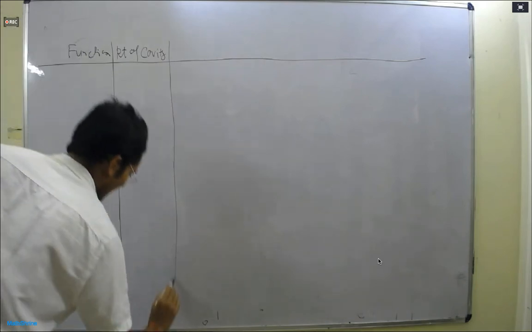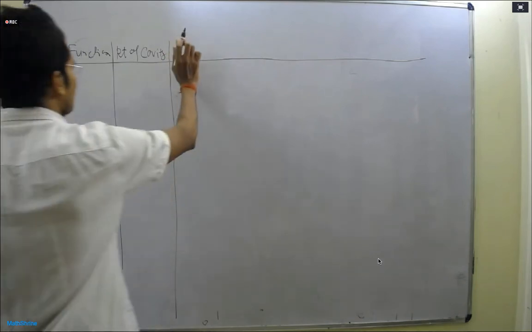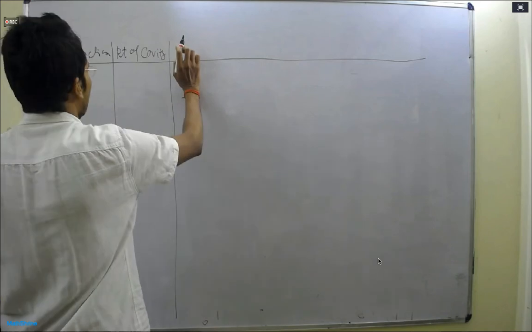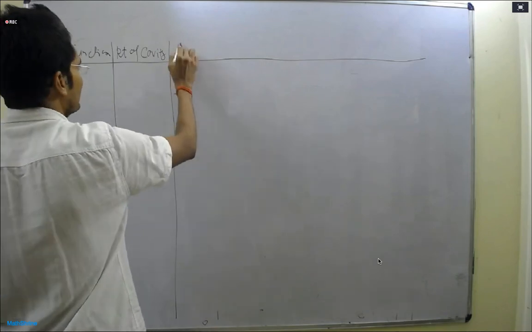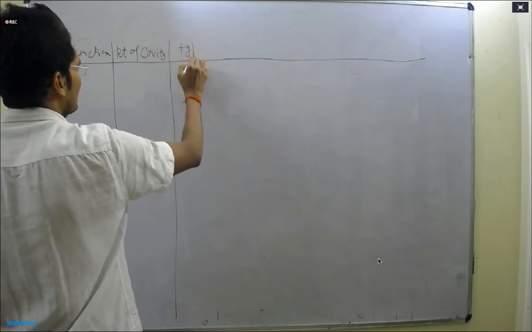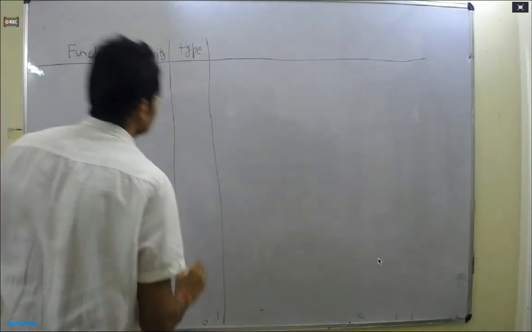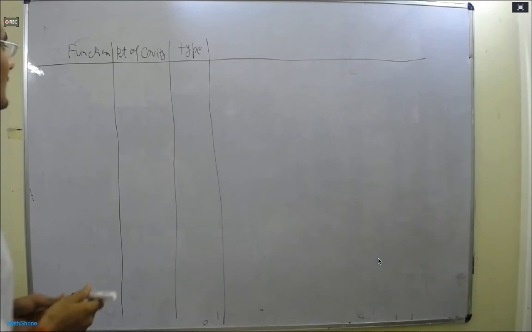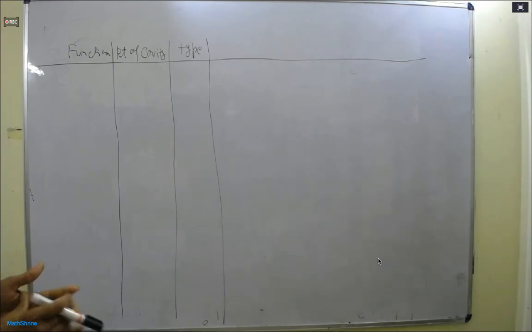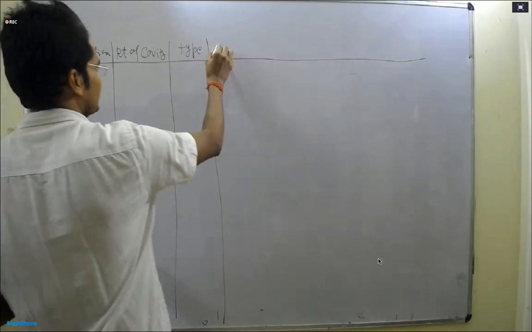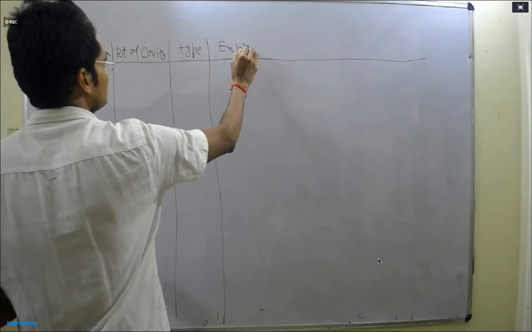The second one is type. Anything else? All right. Explanation.